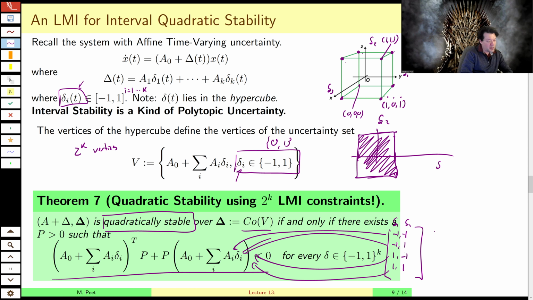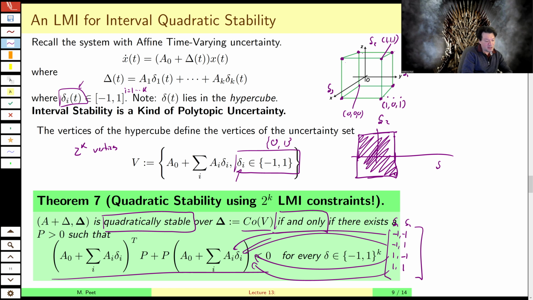So basically, you have to add an LMI at each possible extremal value of the uncertain parameters. And that can lead, depending on how many uncertain parameters you have, to a relatively large number of LMIs, of course.